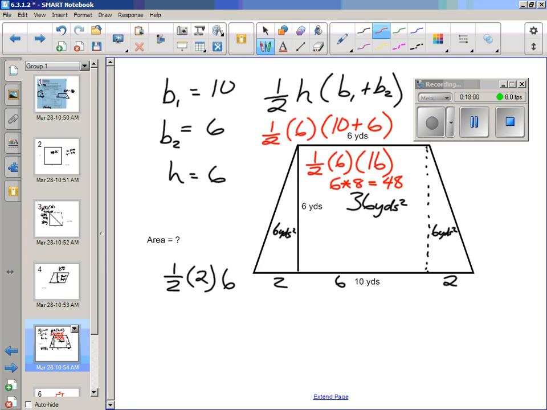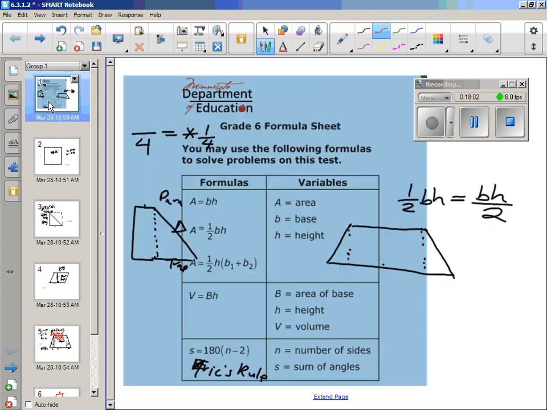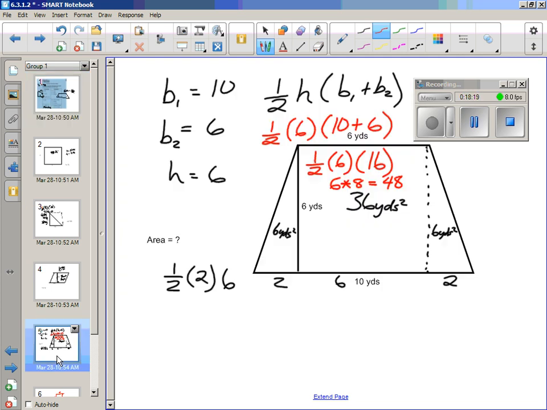Either one. And keep in mind, it will give you the formula for area of a trapezoid, but you just need to know what it is. Yes? You got a different way? What is your different way? You said 6 times 6?